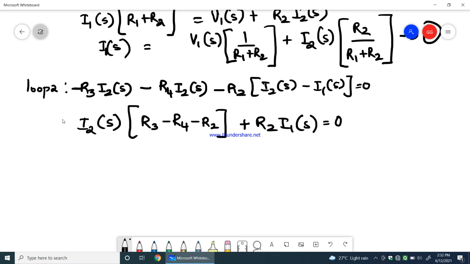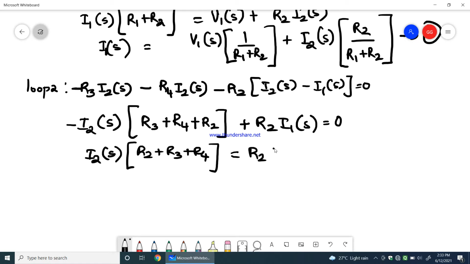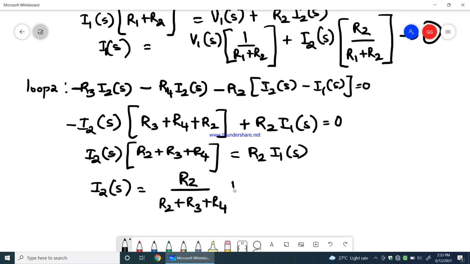The drop which we always take in negative, therefore this should also be minus, not plus. So I2 of S into R2 plus R3 plus R4 equals R2 into I1 of S. Therefore I2 of S would be equal to R2 divided by R2 plus R3 plus R4 into I1 of S.